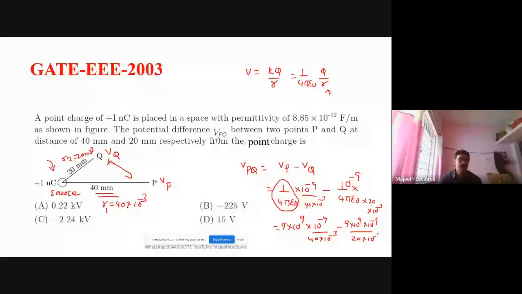If you simplify, what you get is 225 volt. So minus 225, because you see it is 1 by 40 and 1 by 20, so the first must be a small number and the second a big number, so the answer will be negative, minus 225 volt.